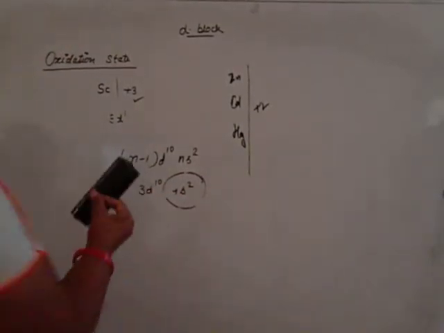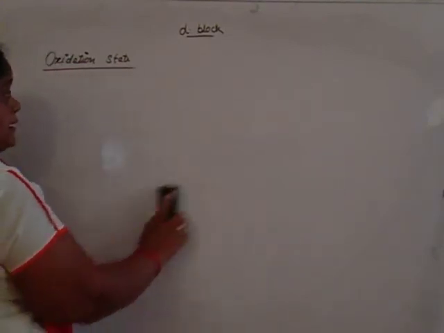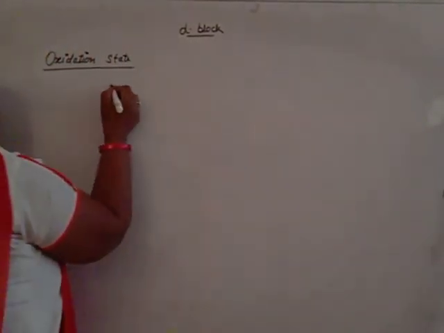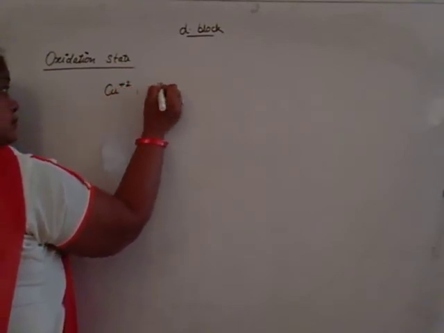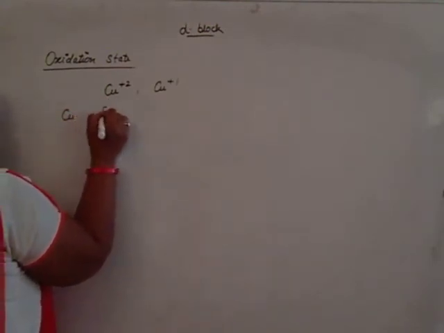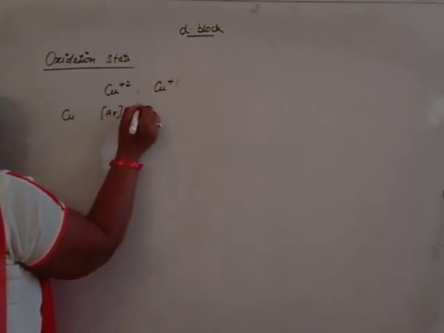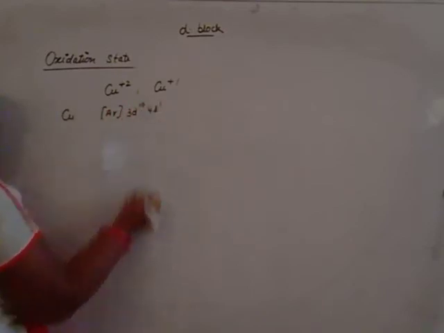Transition elements have more than one stable oxidation state. The most common example in front of you is copper +2 and copper +1. The electronic configuration of copper is 3d10 4s1.